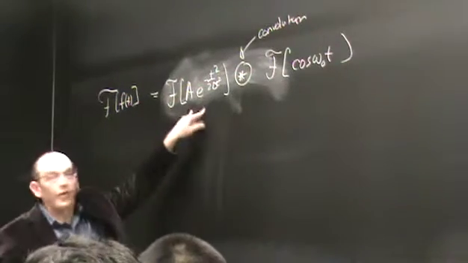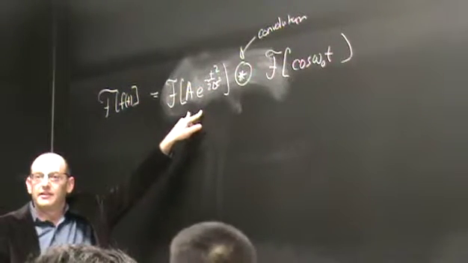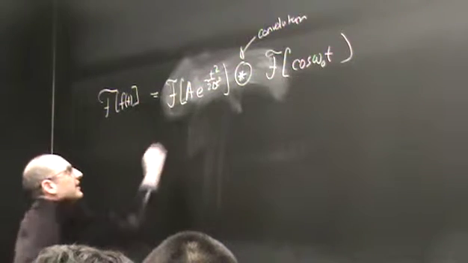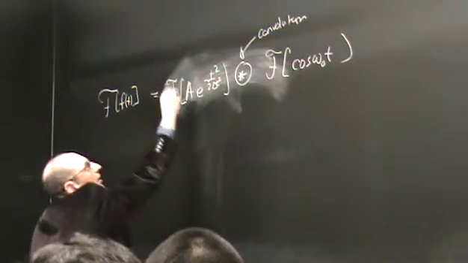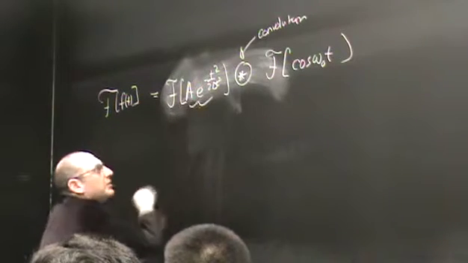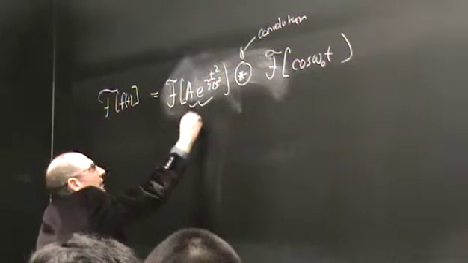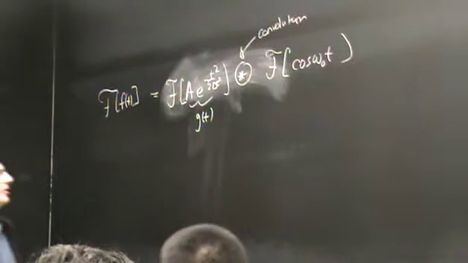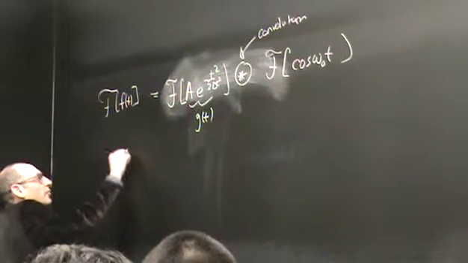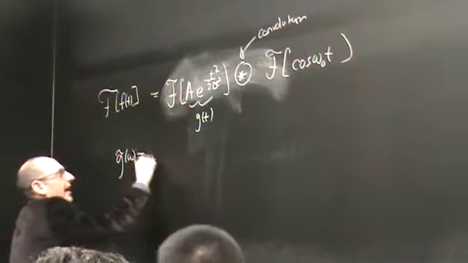Well, we just found the Fourier transform of this, right? So let's call this g of t. So g tilde of omega we just found.